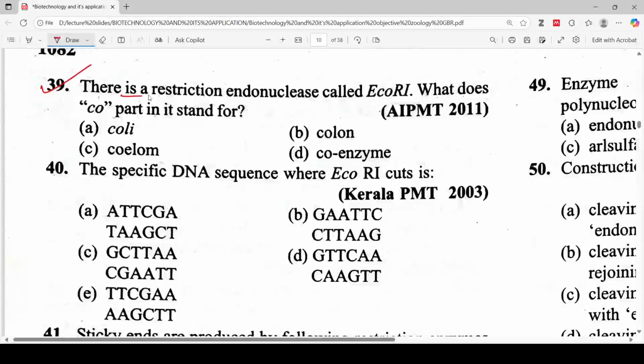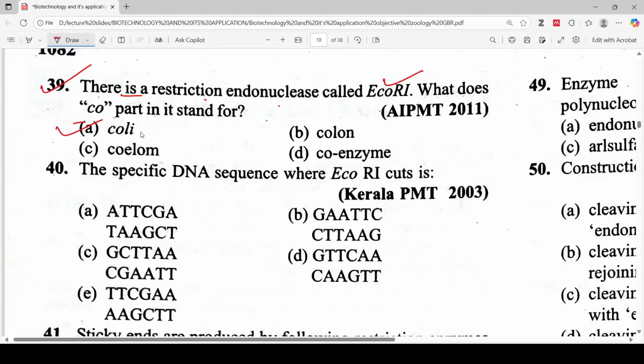Here there is a restriction endonuclease called EcoRI. What does Eco stand for? So the correct answer will be A, E. coli.